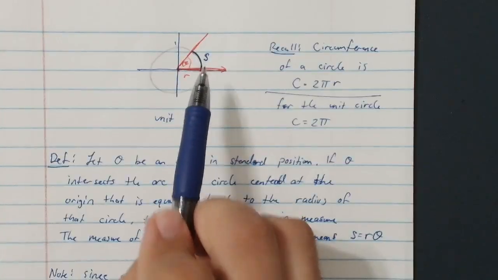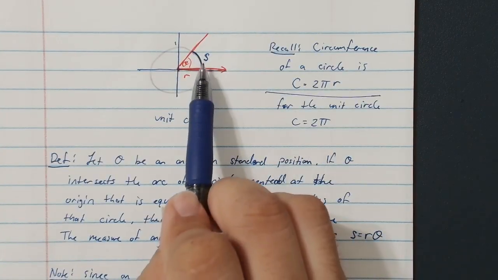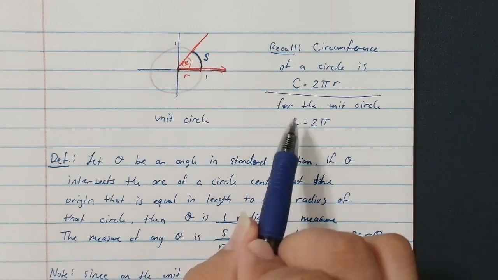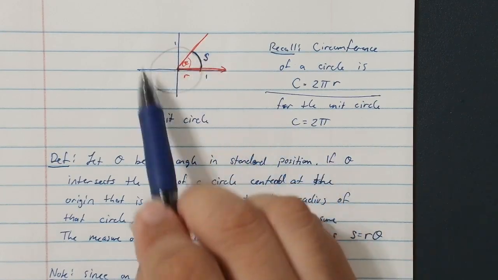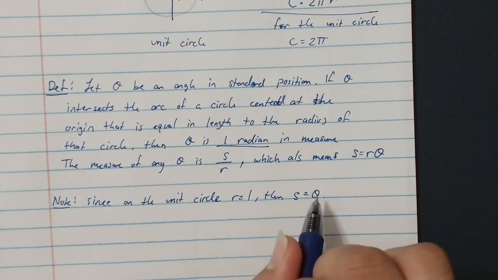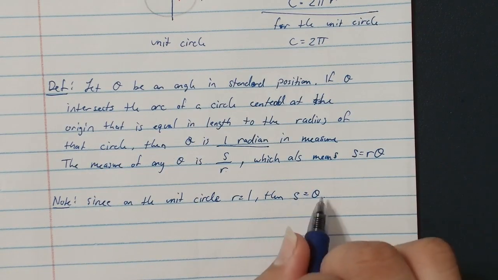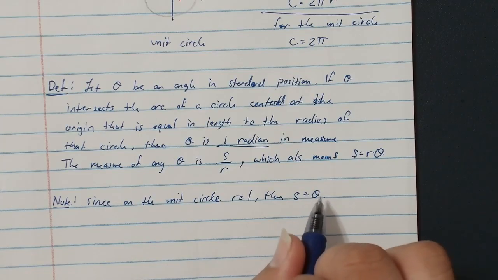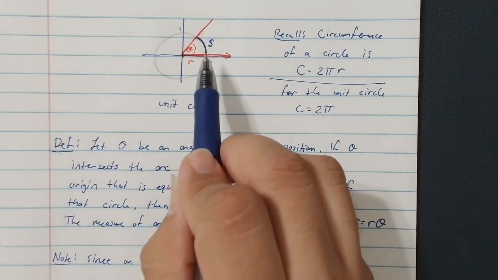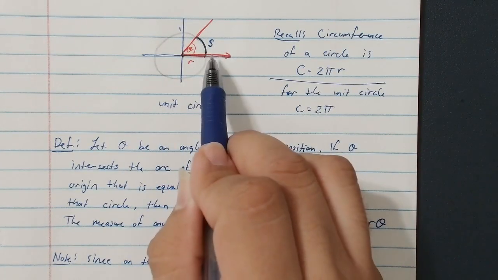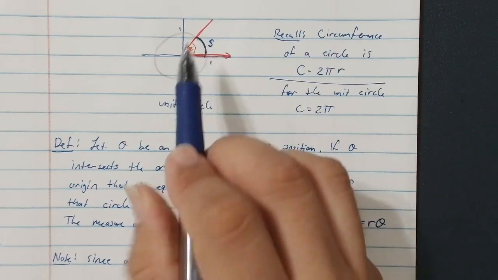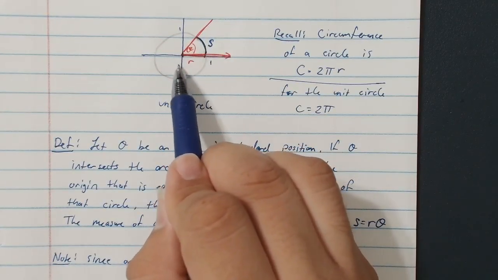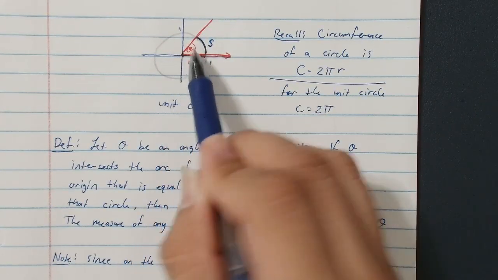So on the unit circle, we saw that the circumference of the circle all the way around would be 2 pi units, 2 pi inches, 2 pi feet, 2 pi miles. Well then on the unit circle, whatever the arc length is, that's the exact same thing as the angle measure. So if we go all the way around the outside of a circle, that circumference is 2 pi, which means if we go all the way around a circle here, that measure will also be 2 pi.